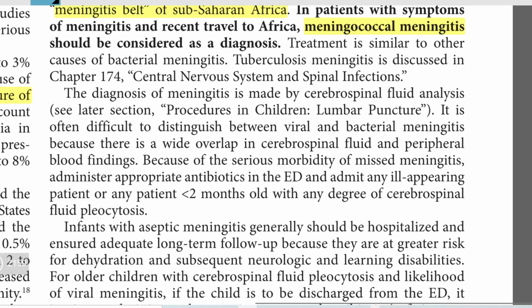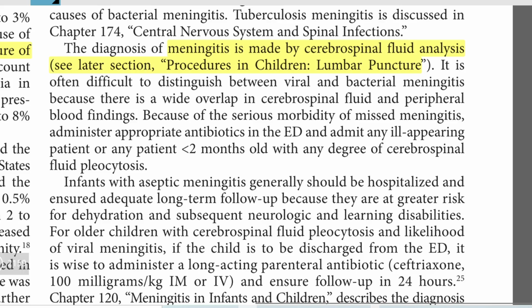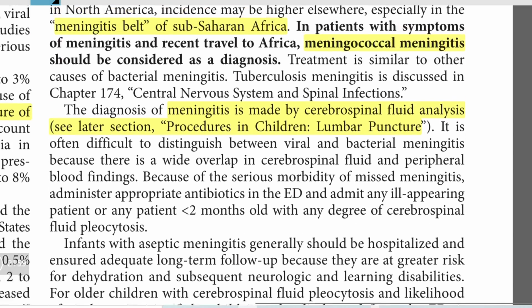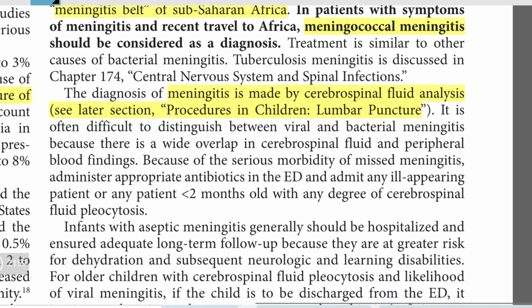Tuberculous meningitis is discussed separately. Diagnosis is made by CSF analysis. It is often difficult to distinguish between viral and bacterial meningitis because there is a wide overlap in the CSF and peripheral blood findings.